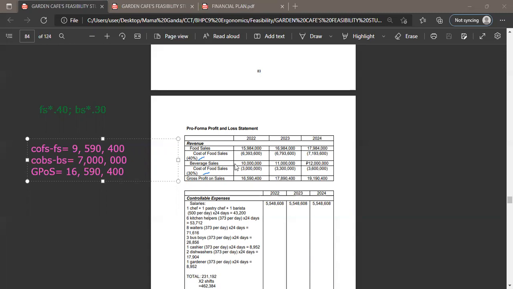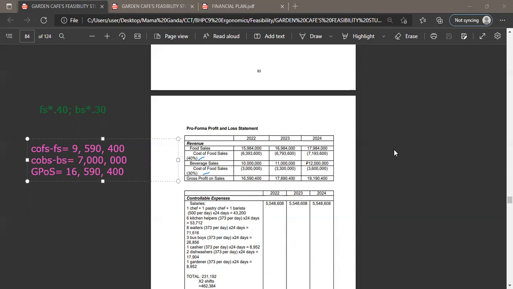Obviously the food sales should be much higher than the beverage sales. For the rest of the year's projection, you can just add amounts, using the same methods of computation to derive the gross profit on sales.